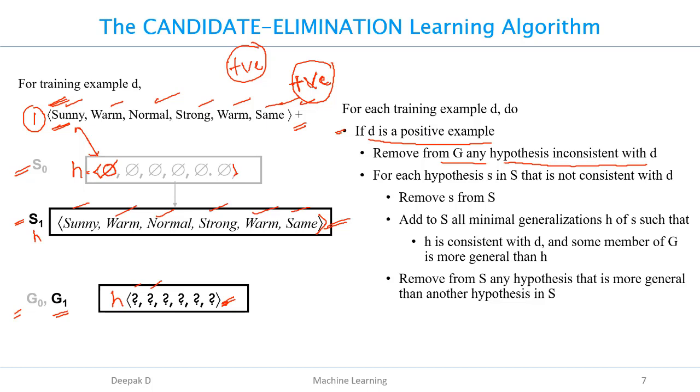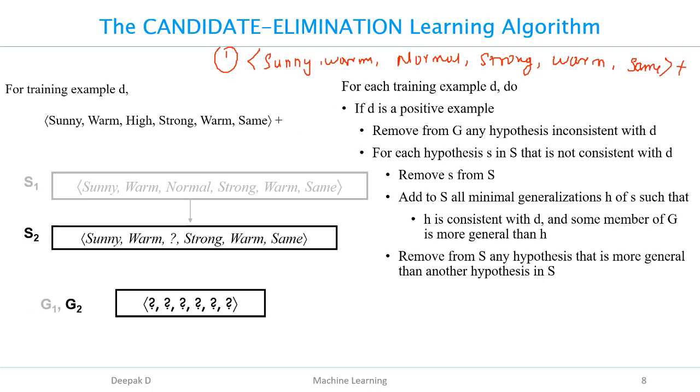Second instance that we shall see now. So now let's consider your second instance. Here again it is a positive instance. When you have a positive instance, what do you have to do? You have to remove the hypothesis from G which is inconsistent with the training example. So again check what we had previously, the more general hypothesis, which means all the attribute values consist of the constraint, that is, any value is acceptable.